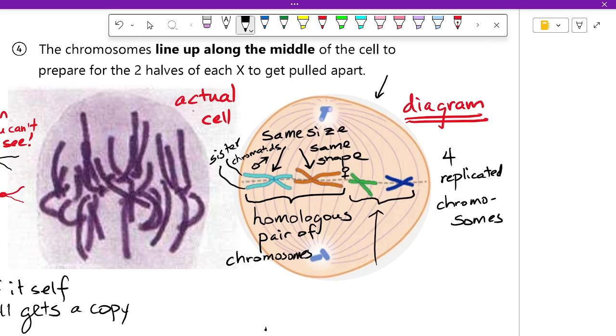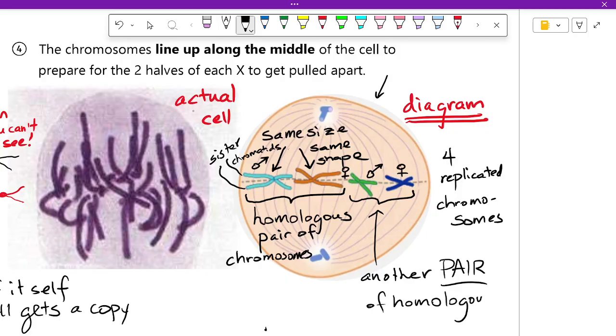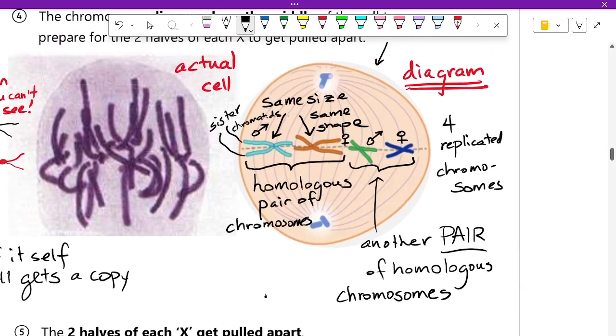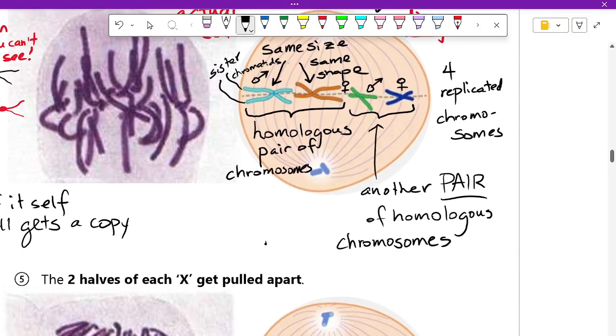This is another homologous pair. One is from dad and one is from mom. Homologous means similar but not identical. Okay? Homologous chromosomes are similar but not identical.